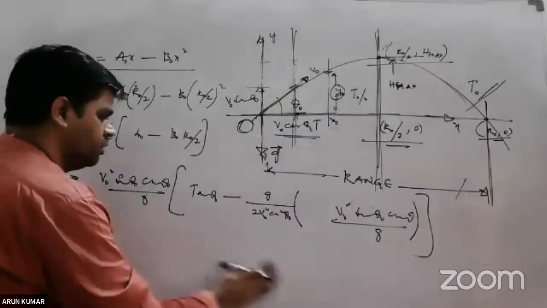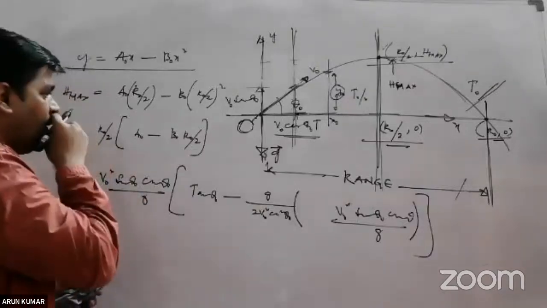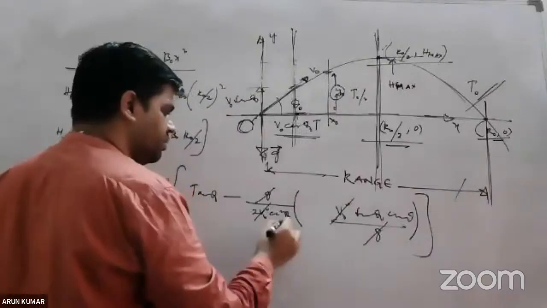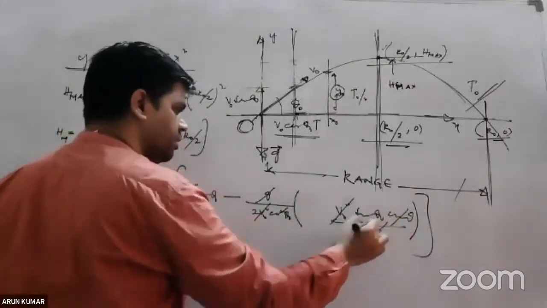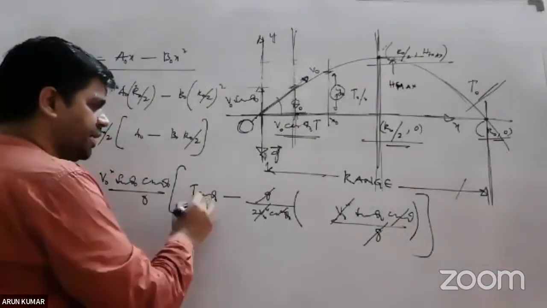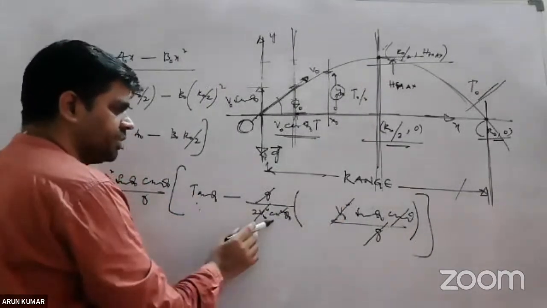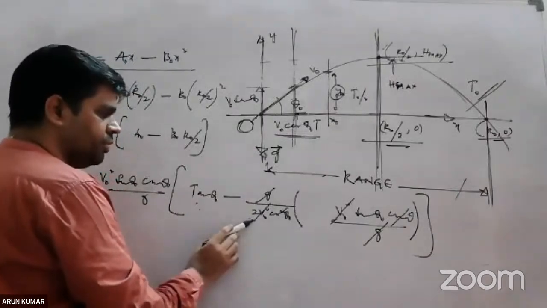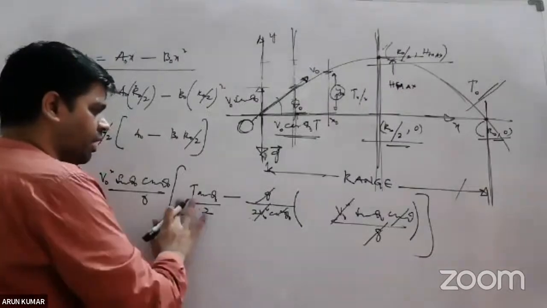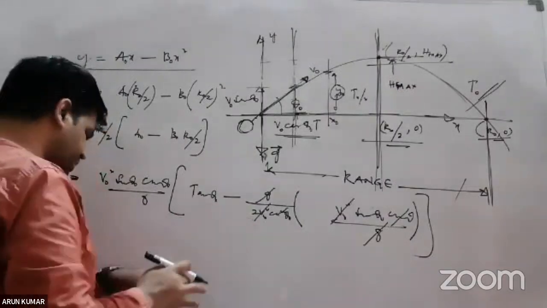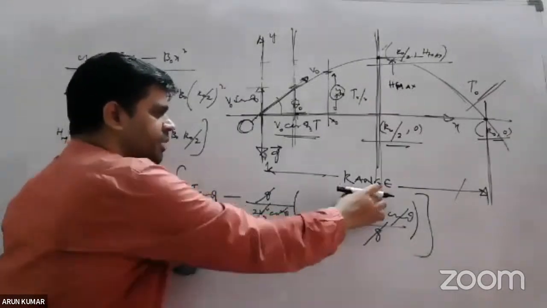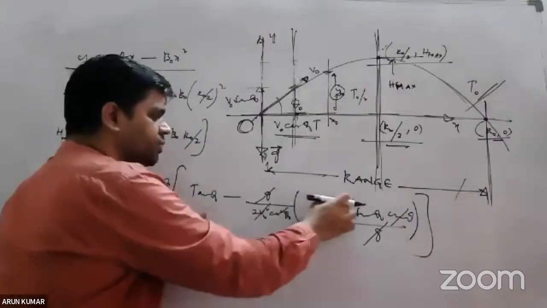Now let's see. What I'll do: v0 square gets cancelled out, g gets cancelled out, one cos theta gets cancelled out. So I'll have tan theta minus tan theta by 2, that is, sin theta by cos theta by 2. So what is tan theta minus tan theta by 2? Tan theta by 2. I'm going a little faster; we have to do these simplifications fast. One cos theta cancelled, g cancelled, v0 square cancelled.